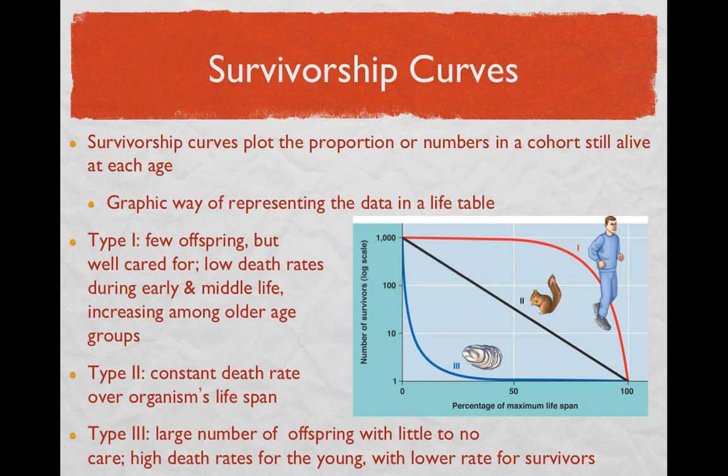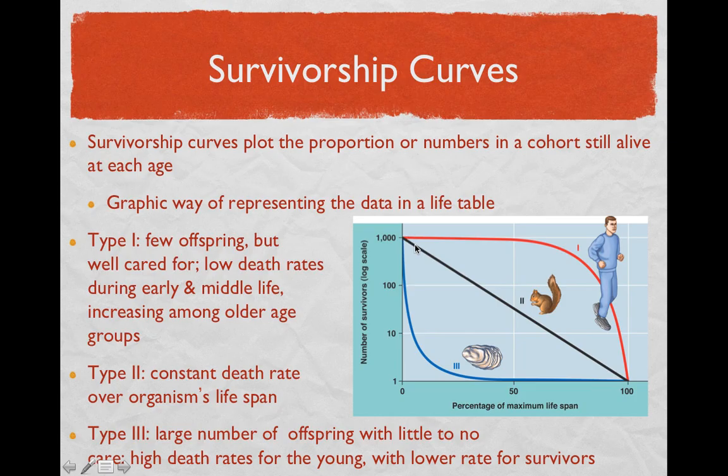So you don't see a drop-off in life expectancy until about middle age, or even longer now that, for humans, our medical care and understanding of how the world works has been getting so much better, technology's better, so on and so forth. So you have a relatively high number of survivors early on in life, and then it drops off as we get older.